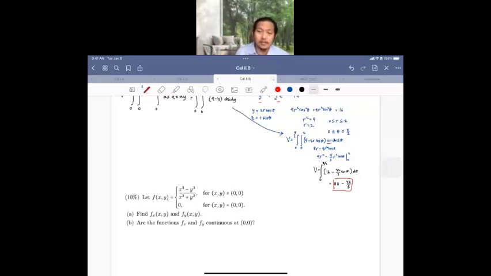If I catch you doing that, you will directly get zero for the total score of the finals. Just believe in yourself, have confidence.